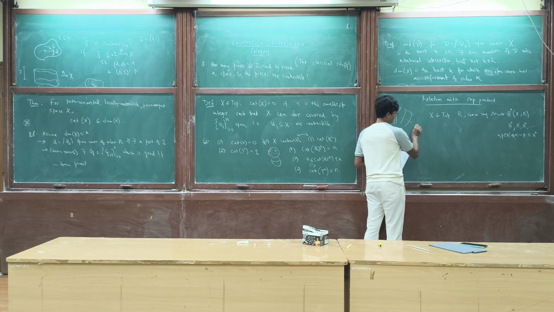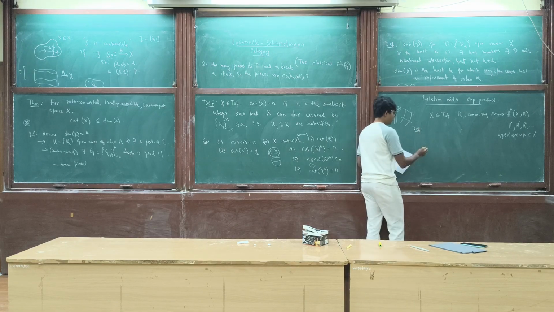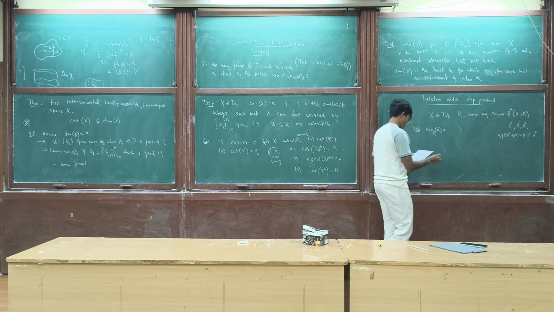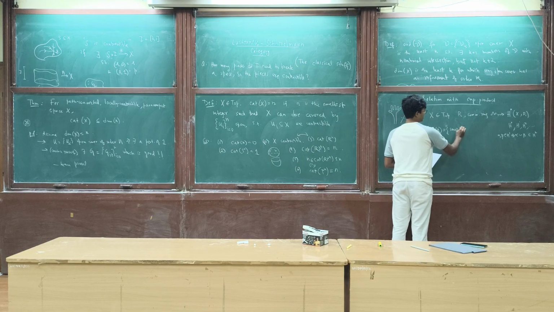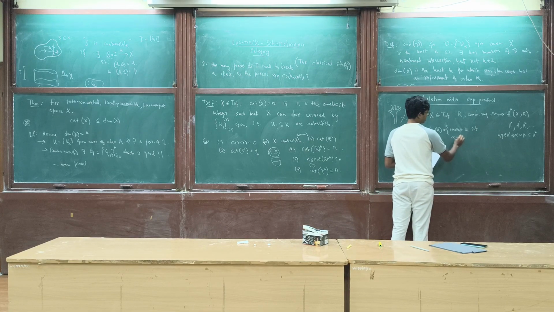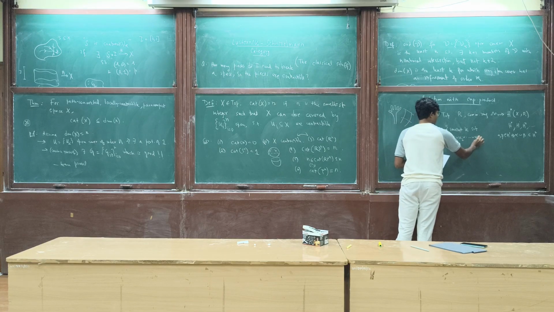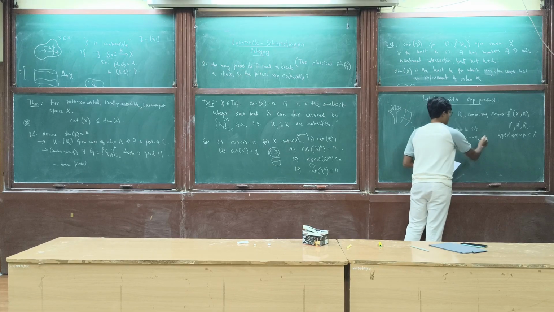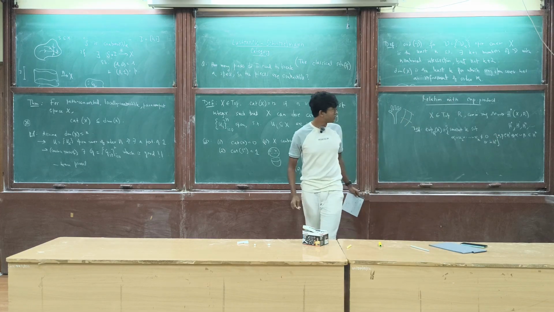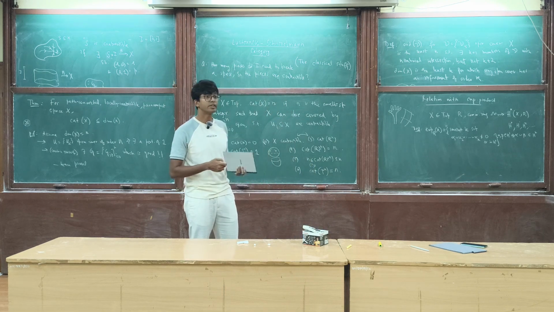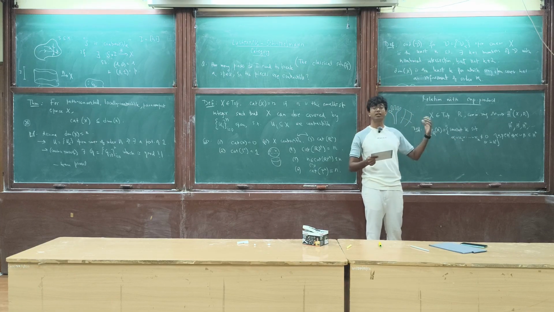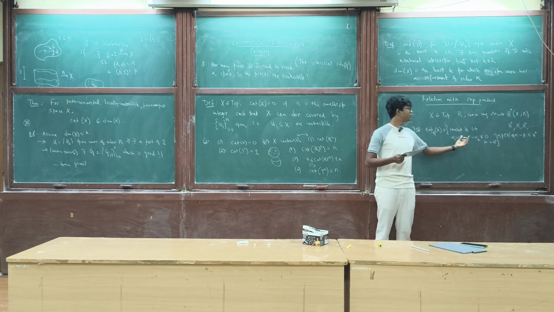So you can define the cup length as the smallest k such that alpha 1 cup alpha 2 cup, and so on, cup alpha k is not 0 in H. There's so much abuse of notation here, but essentially there exist k elements, might not be distinct, in this collection of groups which give you a non-zero product.